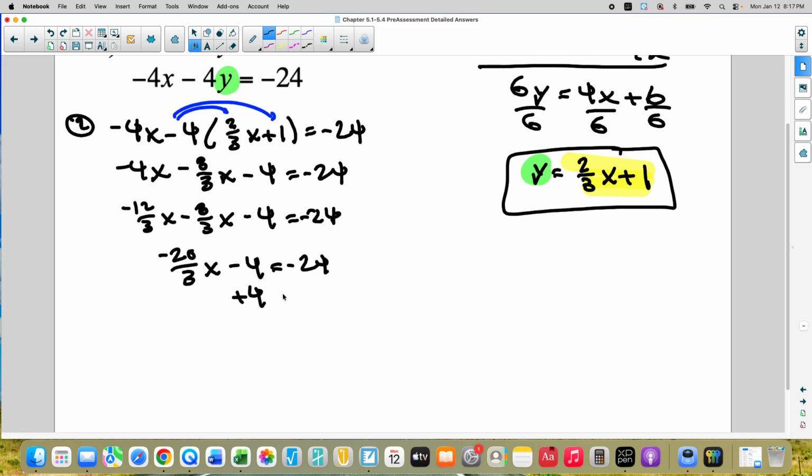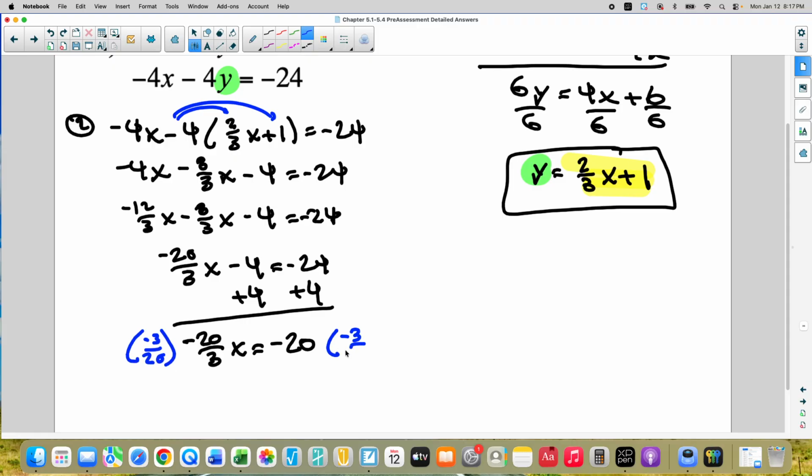We're going to add the 4 over. -20/3 x equals -20. We're going to multiply by the reciprocal, -3/20. X equals, the 20s cancel, the negatives cancel to give me a +3.